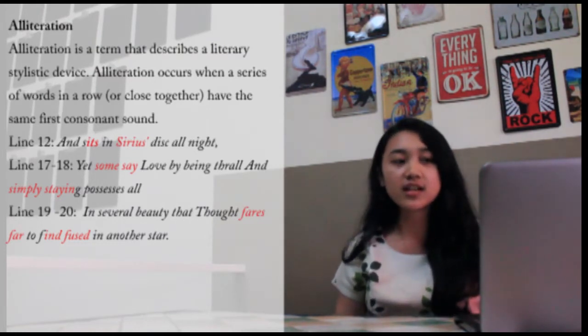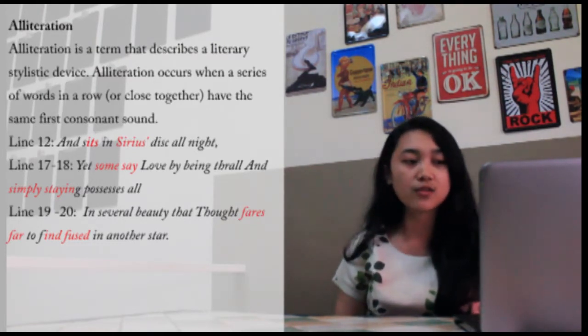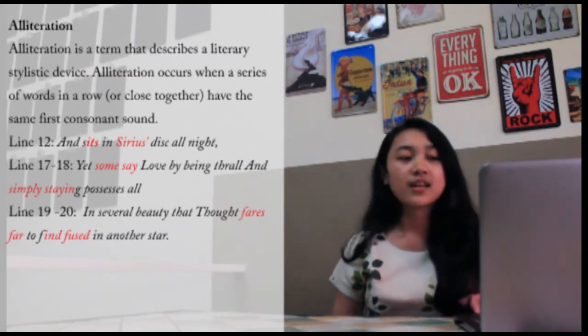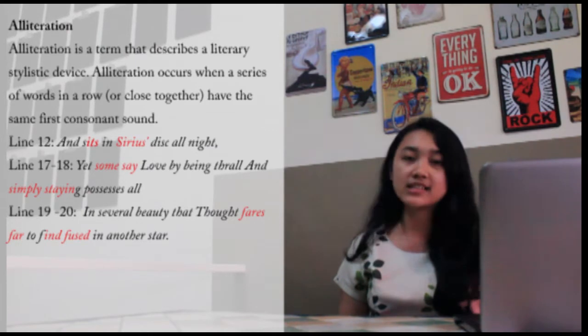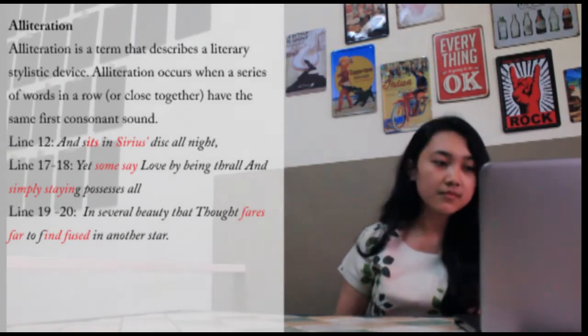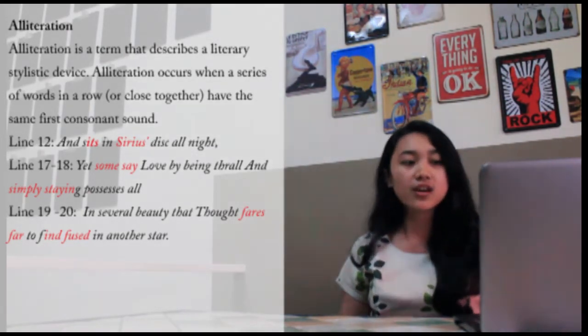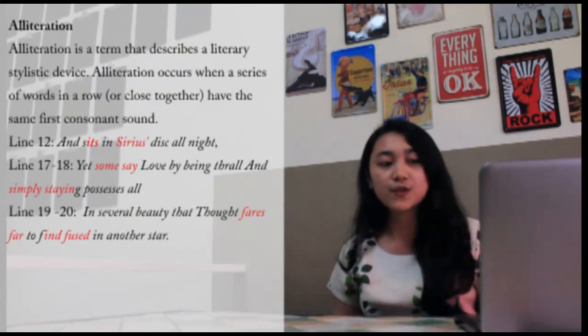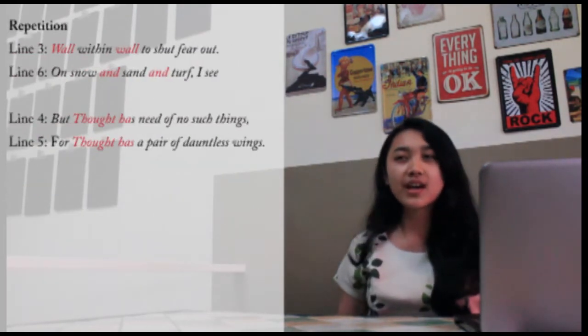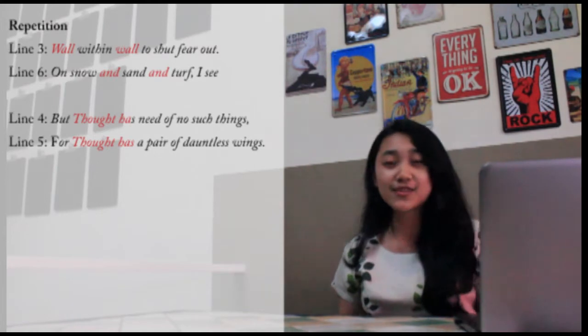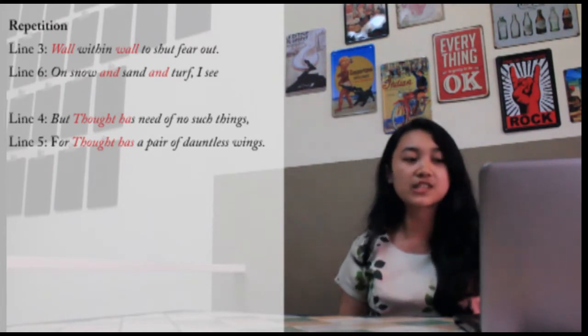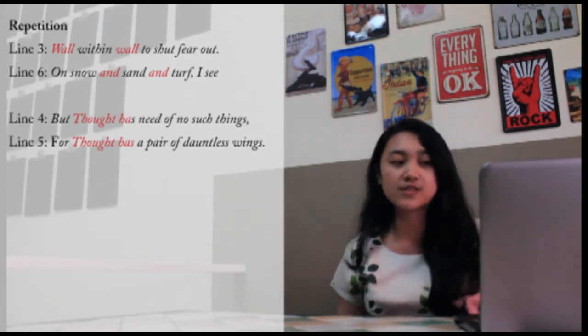We can see the alliterations in the words some say and also simply staying. Another alliteration is also found in lines 19 to 20. In several beauty that thought fares far to find fuse in another star. You can see that the alliterations here are in the words fares far and also find fuse.